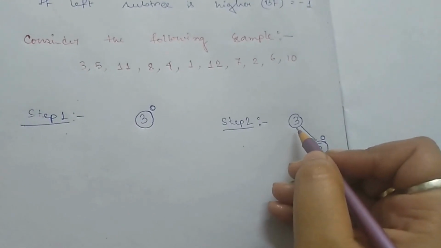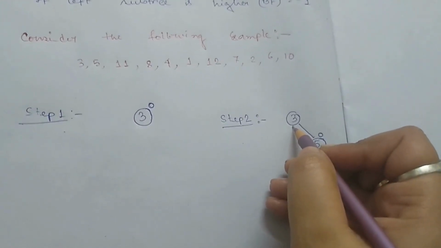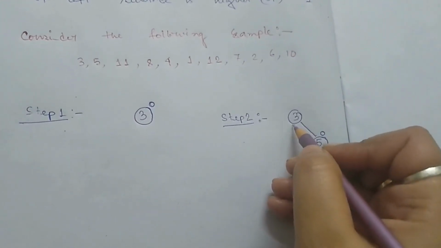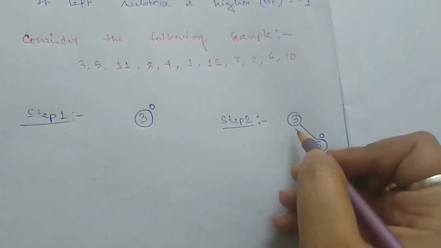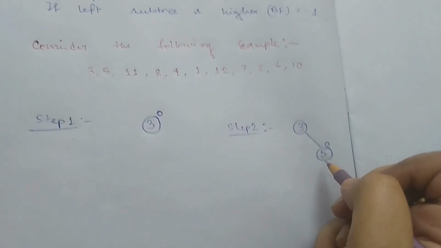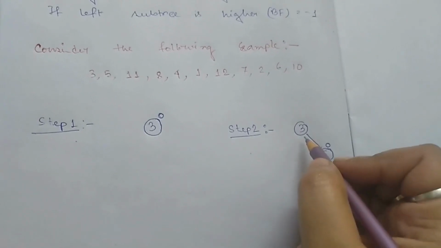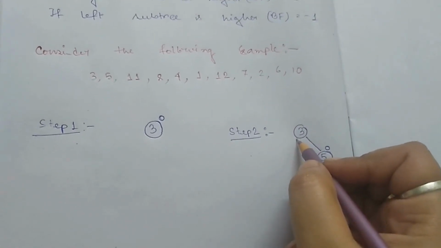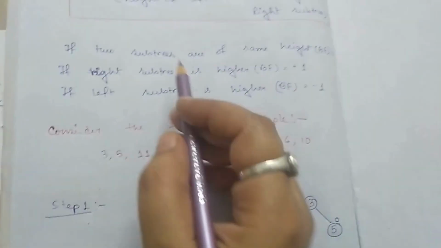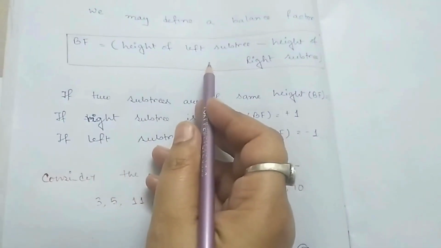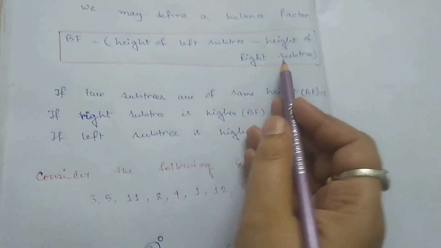But when we consider the 3 node, here we see that there is no left subtree, only a right subtree is situated. For that reason, the value is calculated in that way: the formula is height of a left subtree minus height of a right subtree.